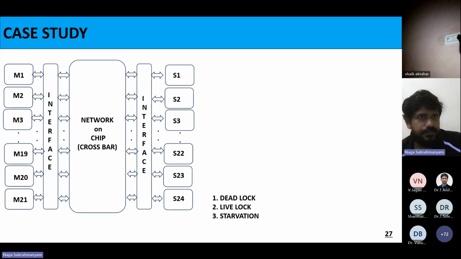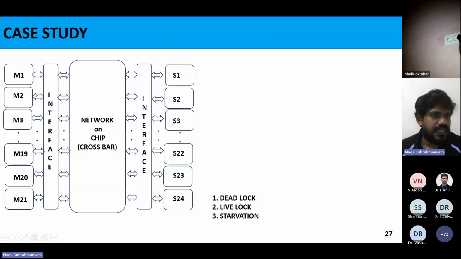In real time, on the chip there will be a big memory, right? In that memory, all these 24 IPs and all these 21 IPs are mapped in a particular address range. All are register-based, right? Registers having a certain length, 32-bit. So in the memory, some particular range is given to S1, some particular range will be given to S2.